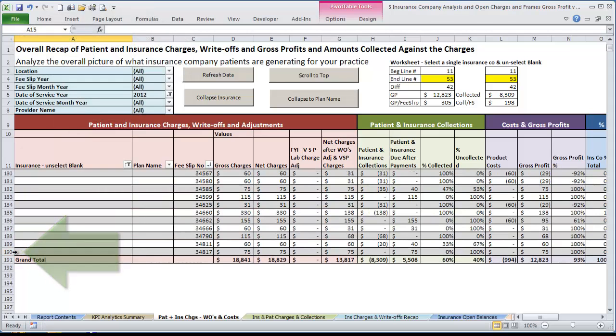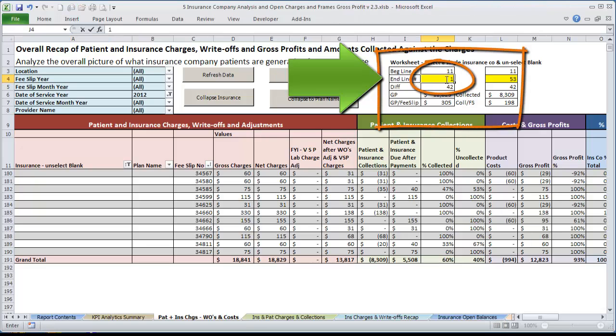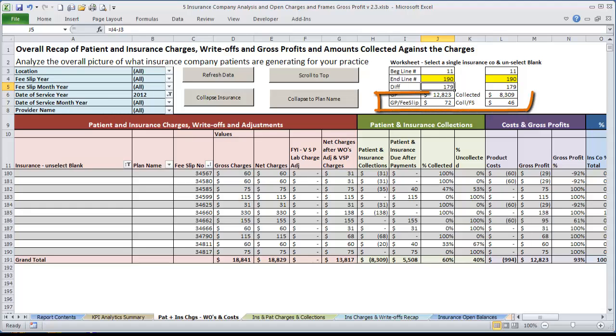Line 190. In the worksheet area at the top, enter the ending line number. The gross profit and collections per fee slip are calculated. In this example, the gross profit per fee slip is $72 and the collected per fee slip is $46.